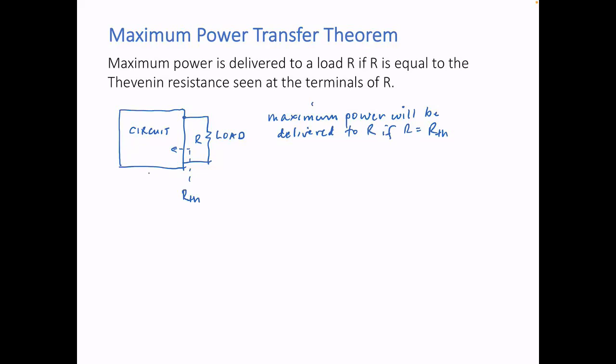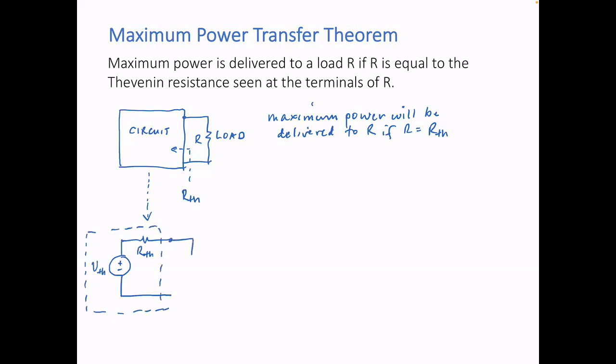Okay, no? Let me replace this with its Thevenin equivalent, no? So ang Thevenin equivalent ng circuit natin, you're going to have a VTH and you're going to have an RTH. This is my circuit.